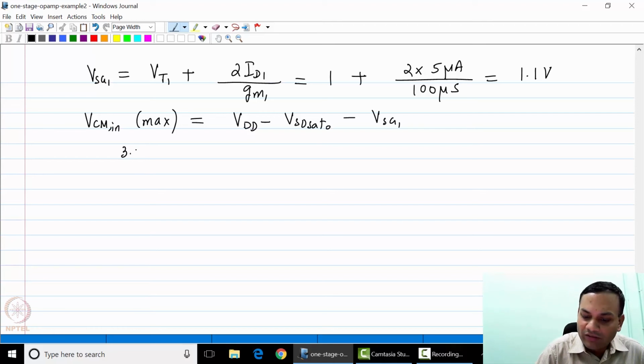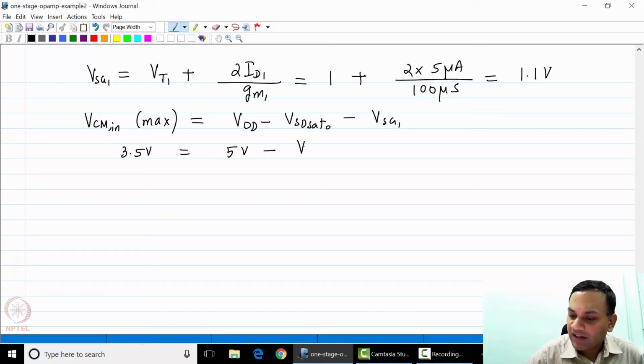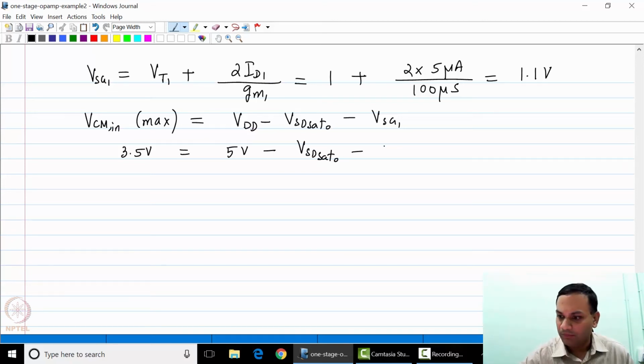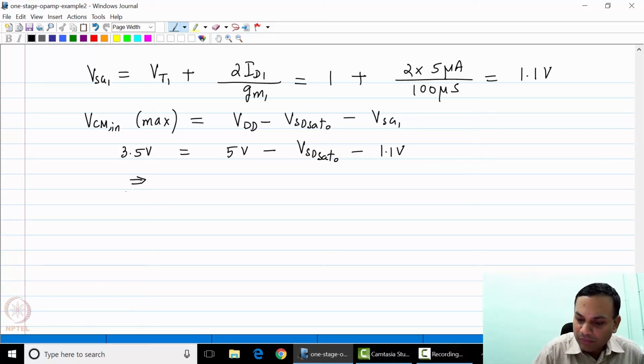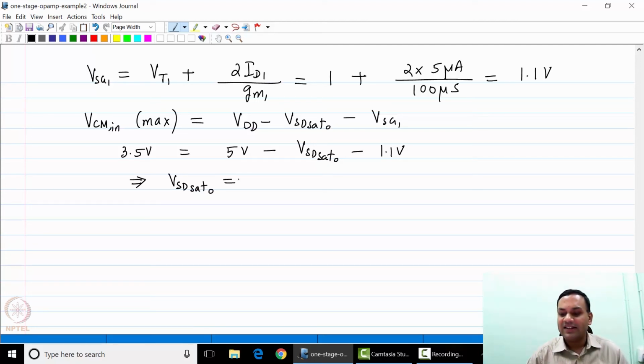So 3.5 volts is 5 volts minus VSD sat 0 minus 1.1 volt. This tells us that VSD sat 0 has to be equal to 0.4 volts.